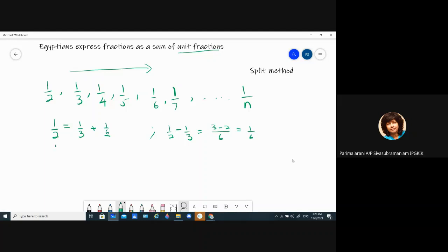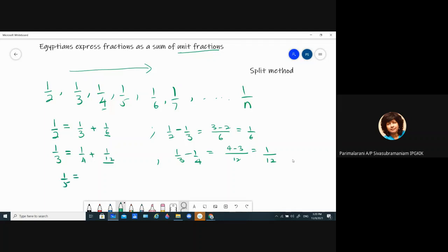Okay, what about 1/3? What is the next fraction that is smaller than 1/3? It is 1/4. So 1/3 is 1/4 plus another fraction. How do we find this fraction? 1/3 minus 1/4. This is 12. This is 1/12. So 1/3 is 1/4 plus 1/12. What about 1/5?